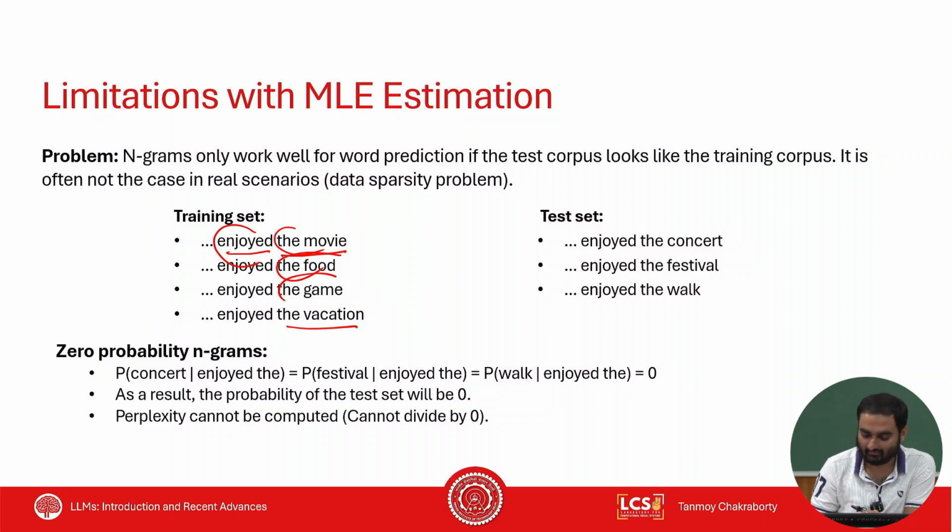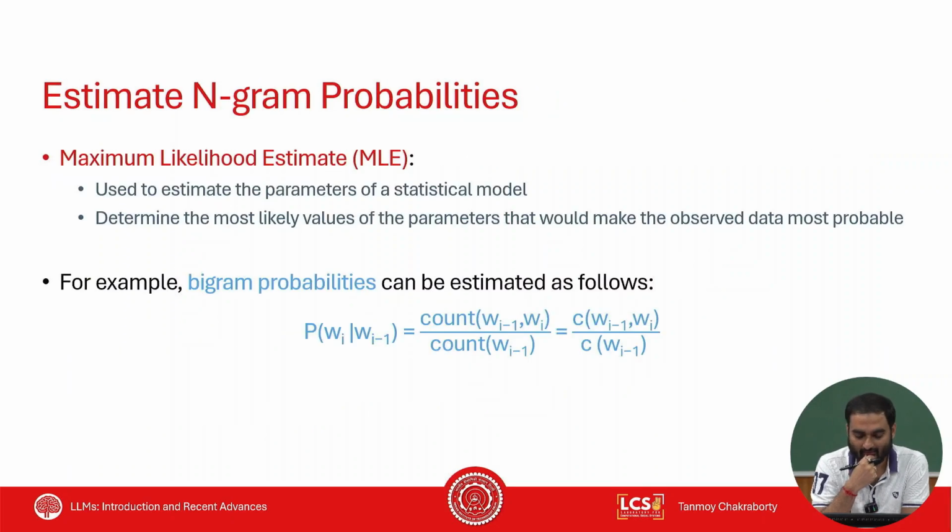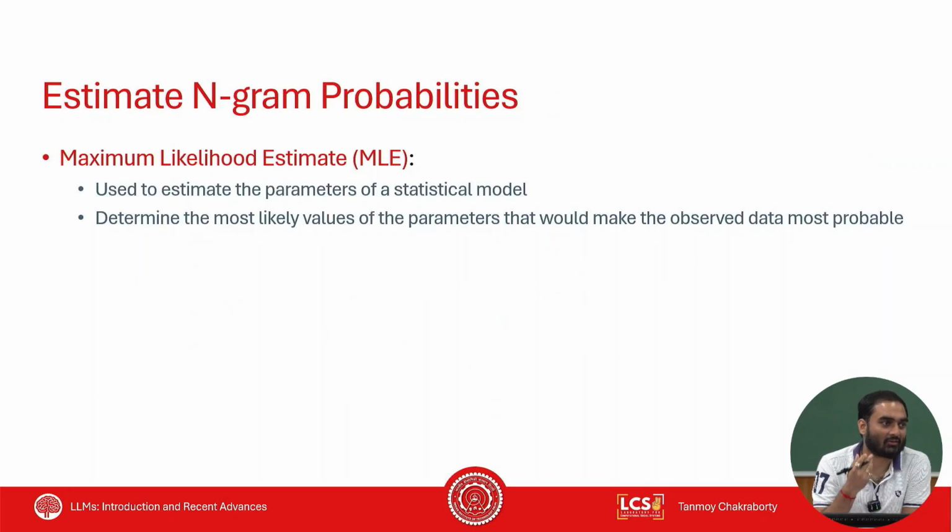But in the test set, suddenly you see enjoyed the festival, which was not there in your training document. So if you look at the table, the corresponding entries for enjoyed the festival will be 0. But this should not have been 0, because this is a valid phrase.